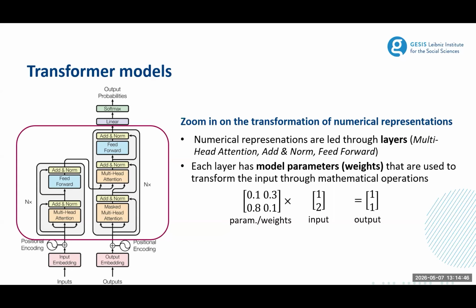I put a specific calculation example here because it's essential for adapters that you understand that there are parameters in the model and that they are the essential part for capturing the knowledge that is required to perform some task.